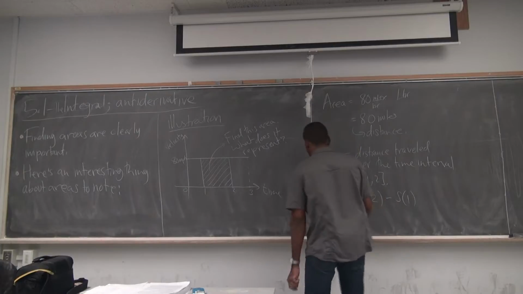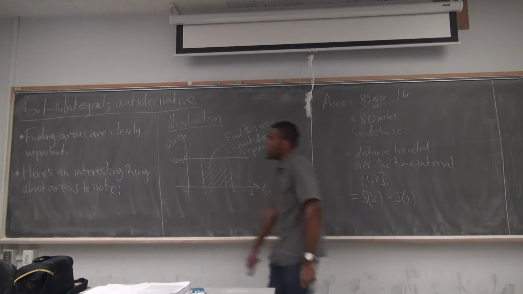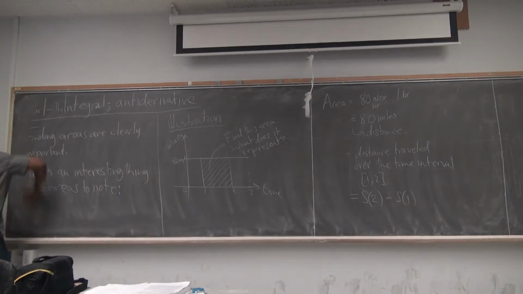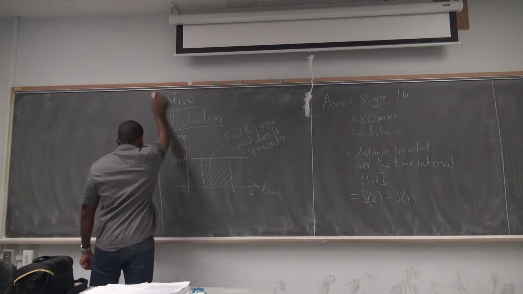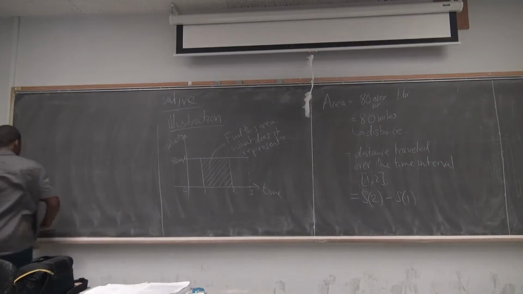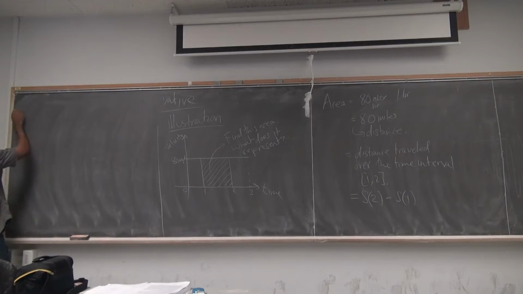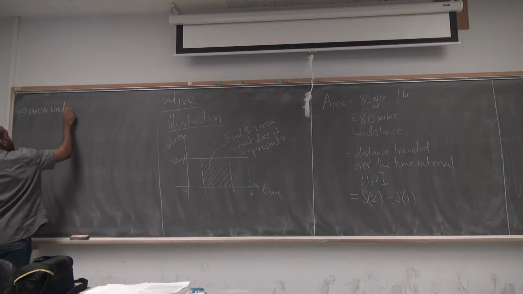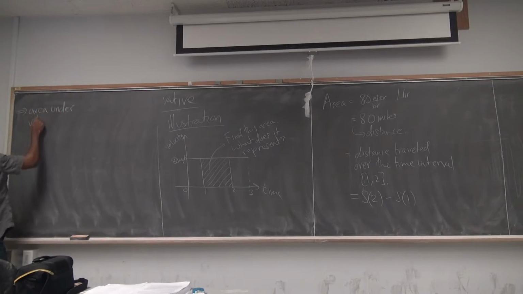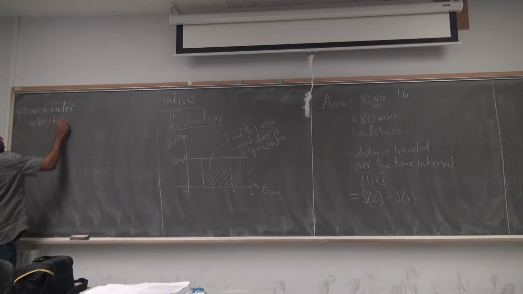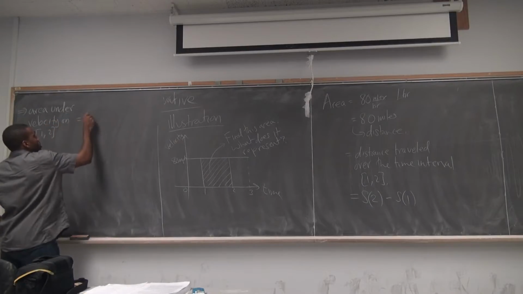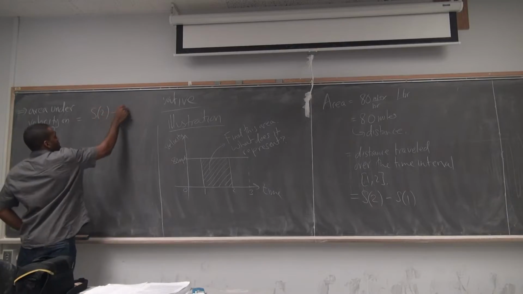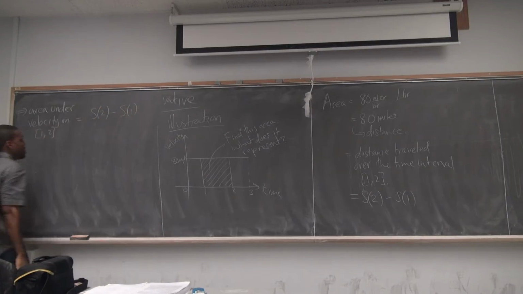Now that's a very interesting relationship that we're going to take advantage of, right? Because now we know the relationship between position and velocity, right? So the area under velocity on 1, 2 is actually equal to the position function valued at 2 minus position function valued at 1.